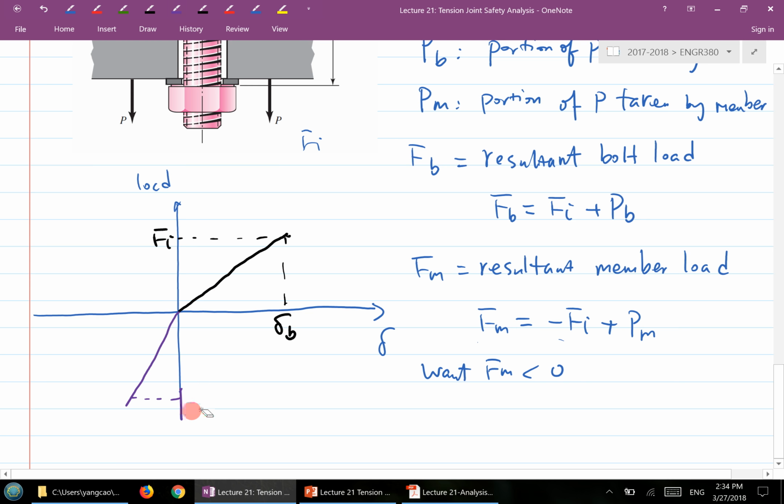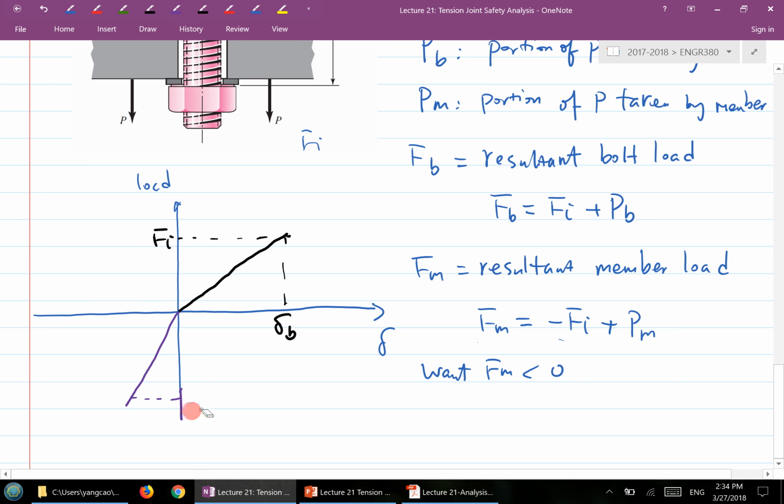And then a part, Pb, goes to the bolt, and a part, Pm, goes to the member here, right? So Pb is the additional force applied to the bolt. So basically you have an additional force here. So this is Fb equal to Fi plus Pb.